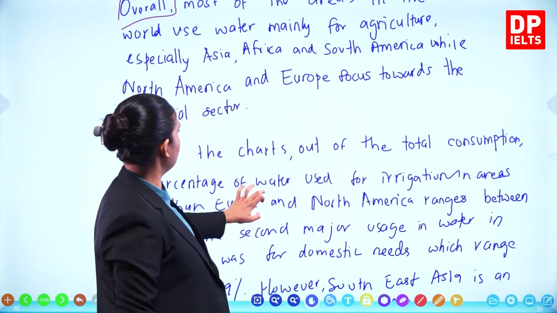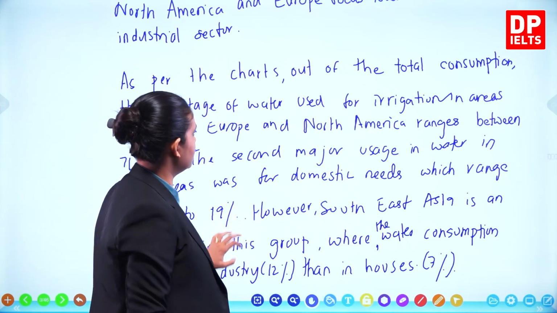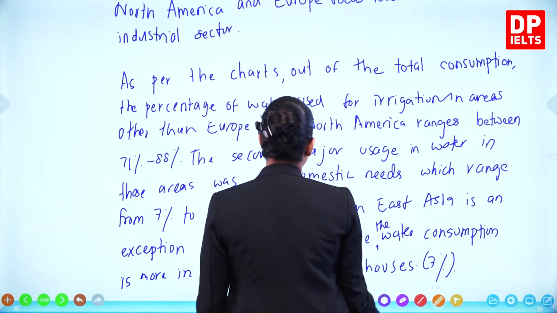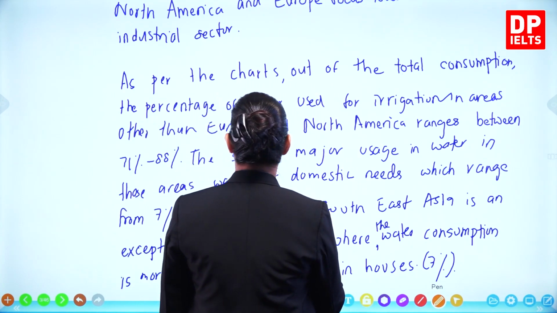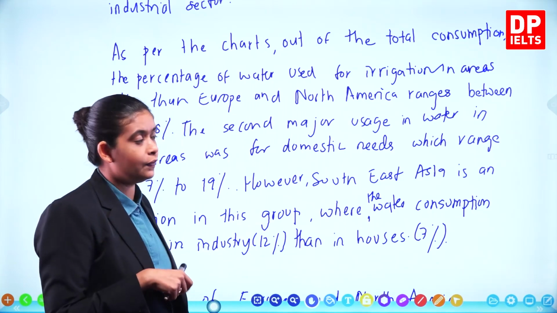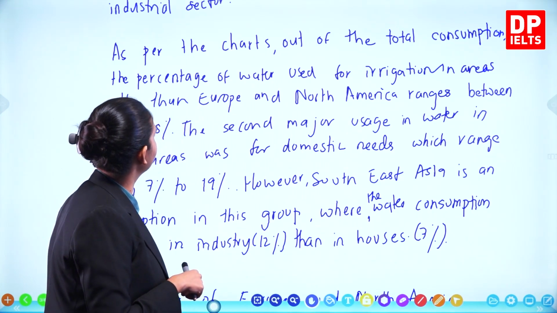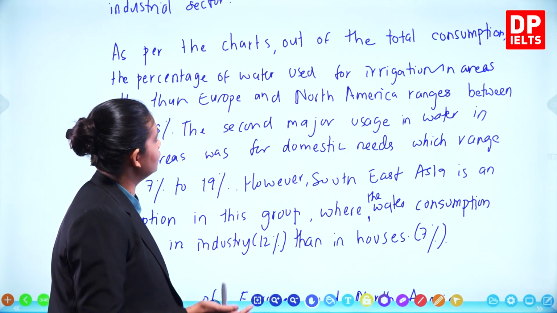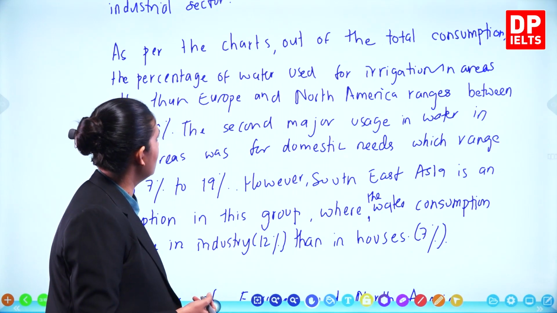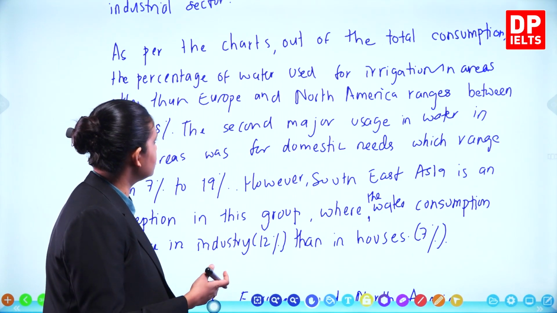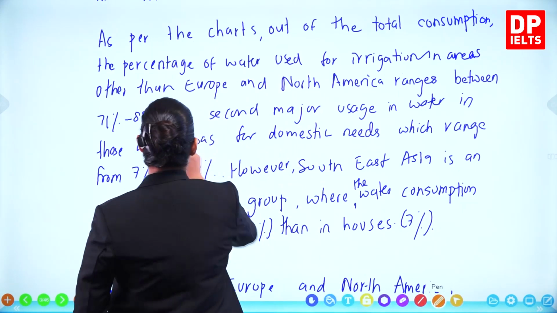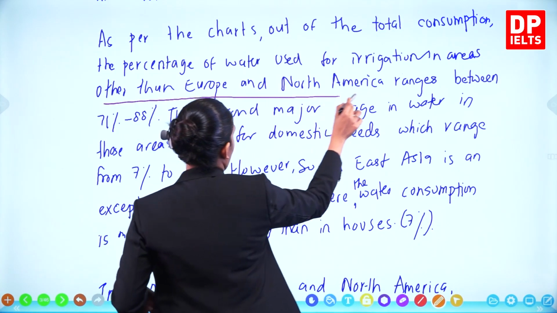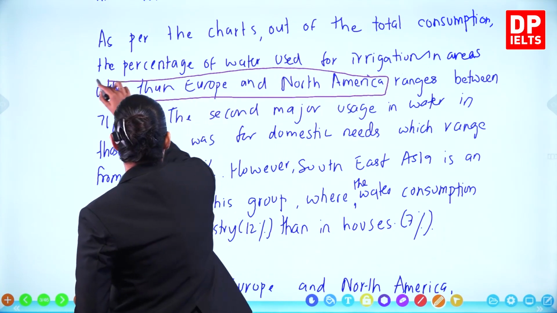Then I wrote as per charts the total amount of consumption in terms of three specific areas. That was right. So here if you have a look at the first body para, I talk about the total consumption which is used for irrigation. I'm not talking about that other than Europe and North America. So keep that in mind, okay.